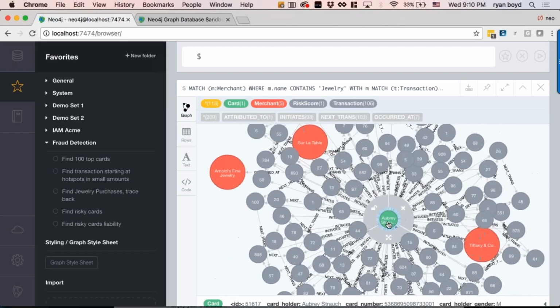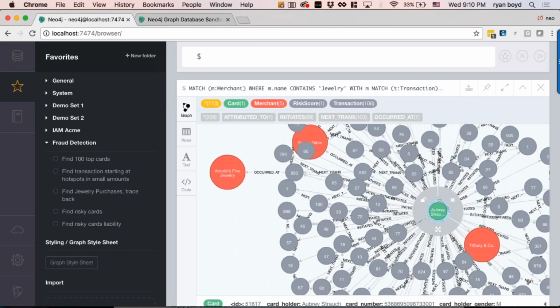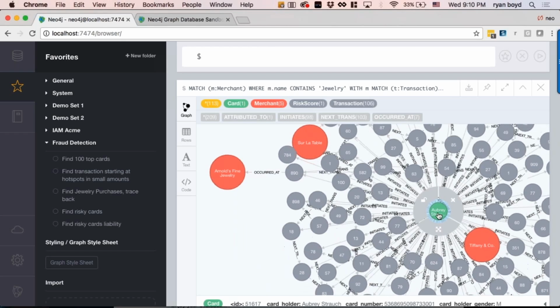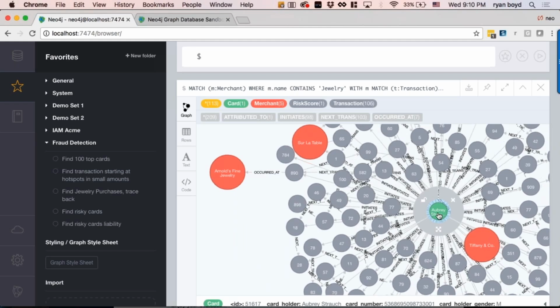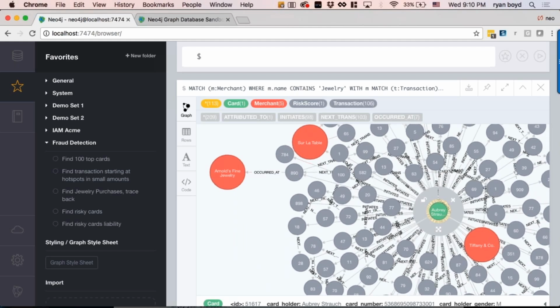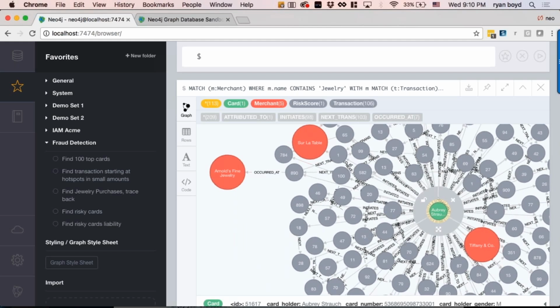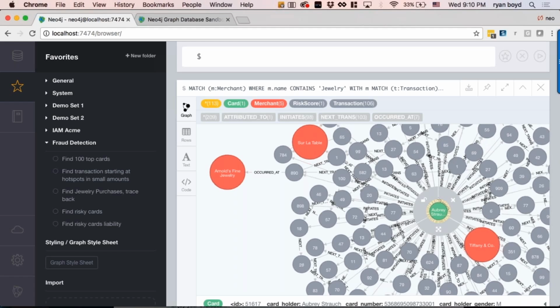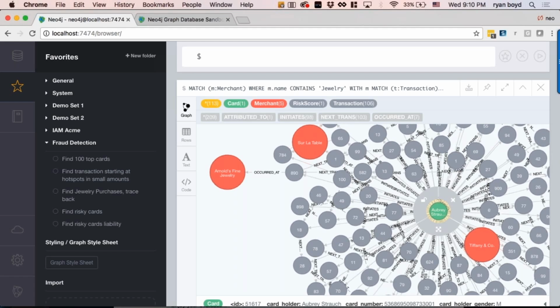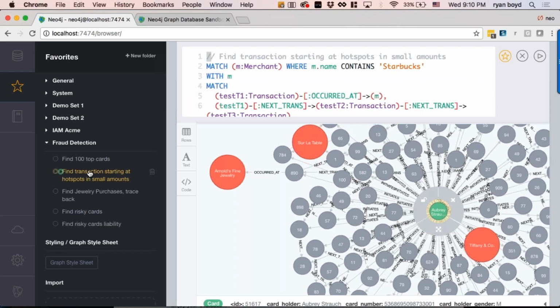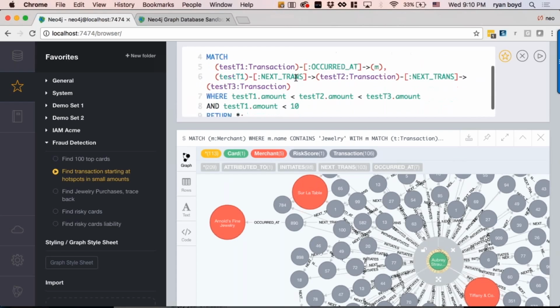And we have this card here. We can then explore all of the other transactions that card made. And due to that index-free adjacency property of Neo4j and native graph databases, it's really fast to make these queries in real time and make real-time decisions based off of them. And best yet, it's really easy to write these queries.